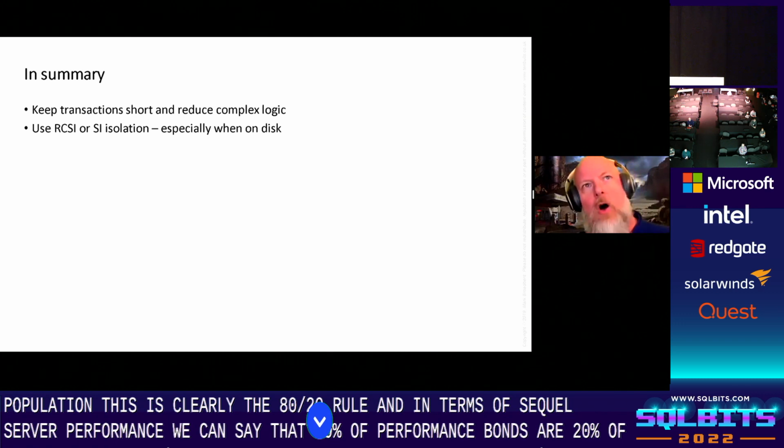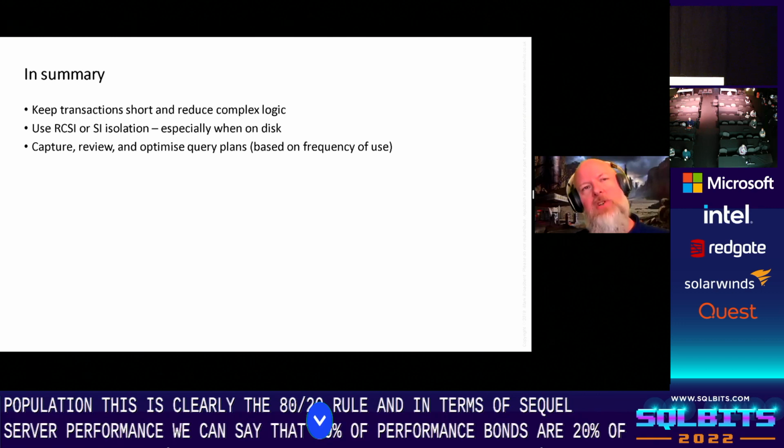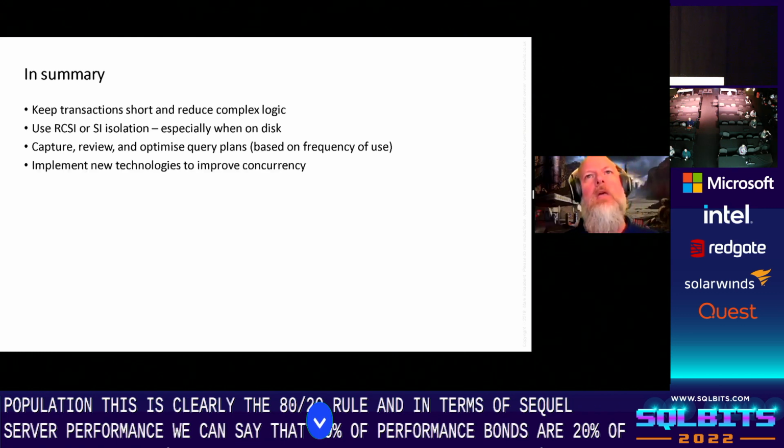If you're using optimistic isolation levels like in-memory OLTP, you're very unlikely to see lots of these problems. When you're troubleshooting, always make sure you capture, review, and optimize query plans based upon how often they execute, because that 10-minute query that runs once a day isn't really going to cause much problem.